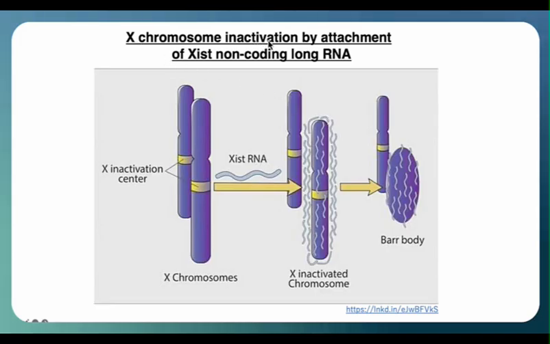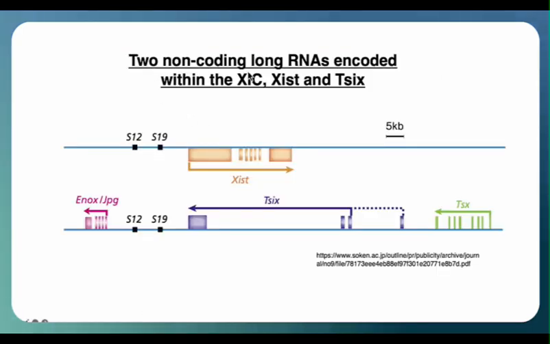X chromosome inactivation by XIST RNA attachment. Subsequent studies have shown that the non-coding long RNA, which is a transcript of XIST, attaches to almost the entire X chromosome, from which it is transcribed, but excepting for the regions such as pseudo-autosomal regions. Two non-coding long RNAs encoded within the XIC, XIST and TSIX.